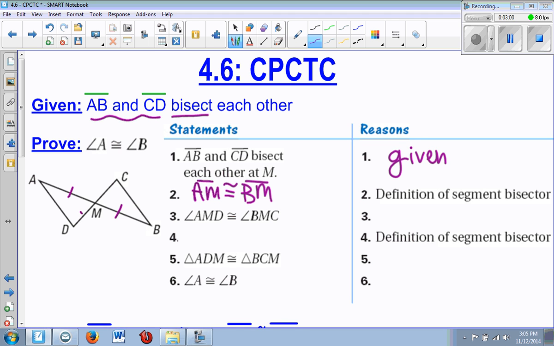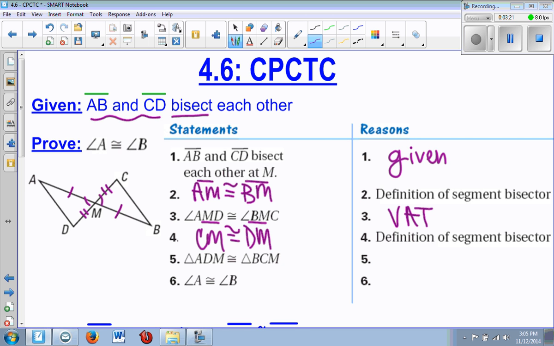We know from D to M and C to M is congruent because of definition of bisector. And we also know that we have a congruent set of angles here in the middle of the picture. They would be AMD and BMC, and they are congruent because of vertical angles theorem.